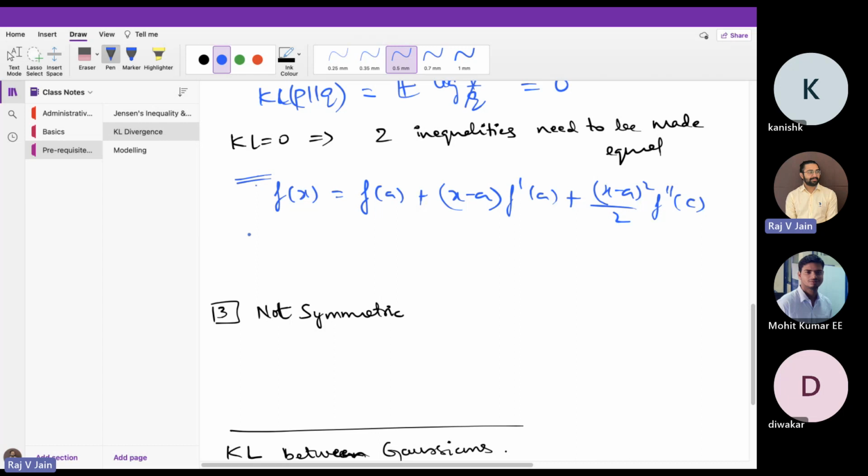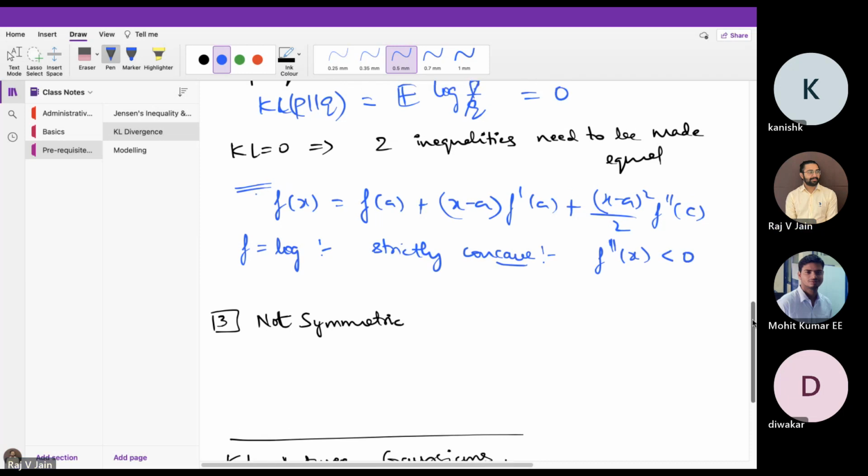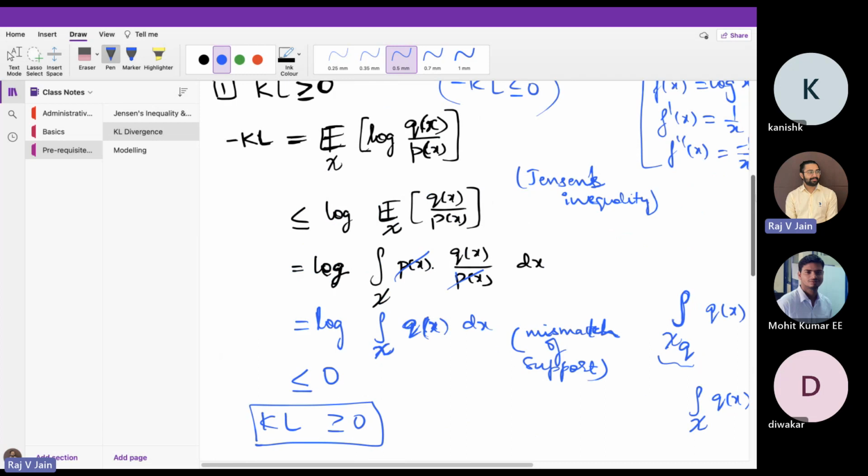And then the idea here is that log is a strictly concave function. What this means is that f double dash of x for the log is strictly less than 0, which is exactly what we did just now.